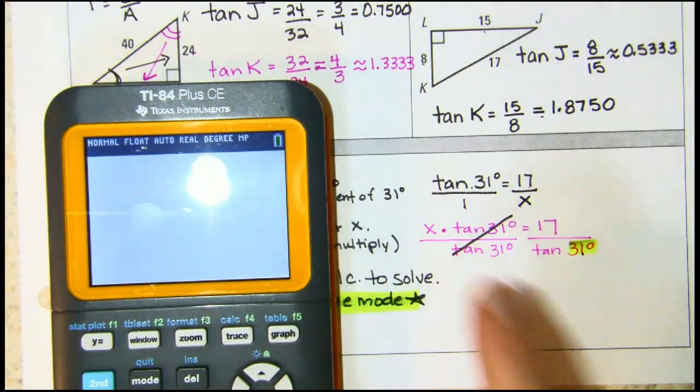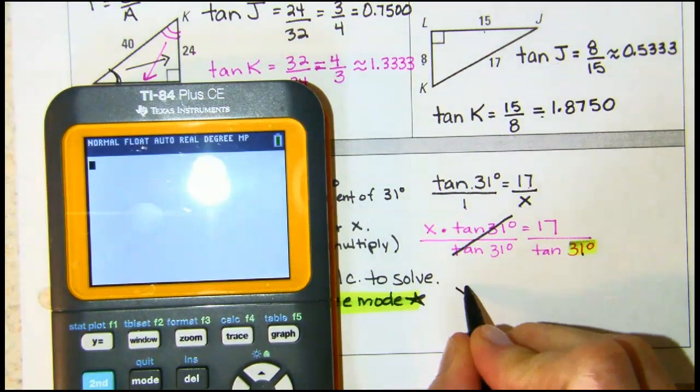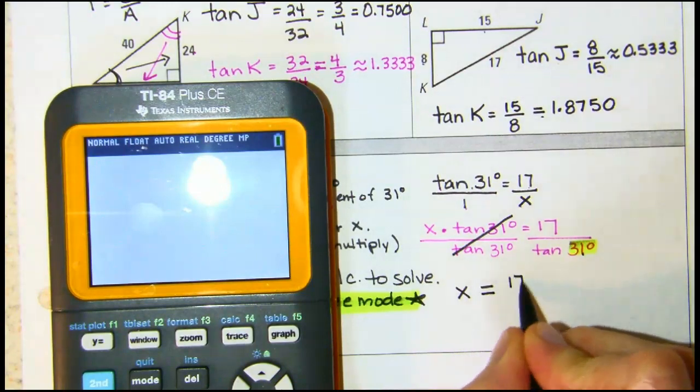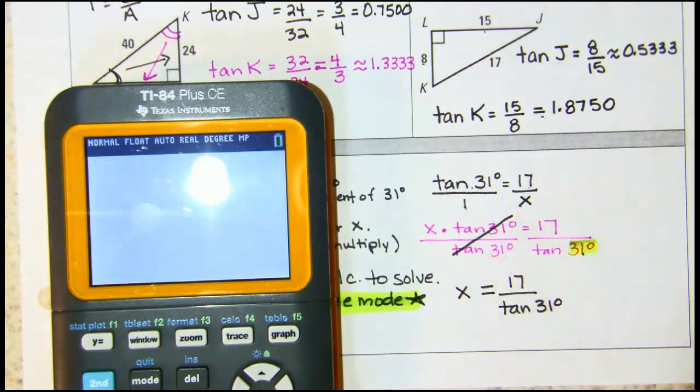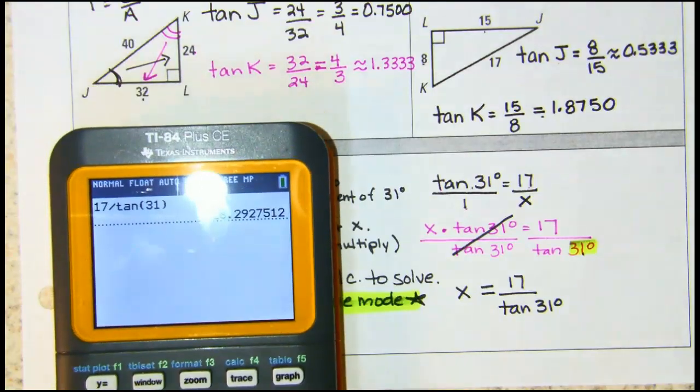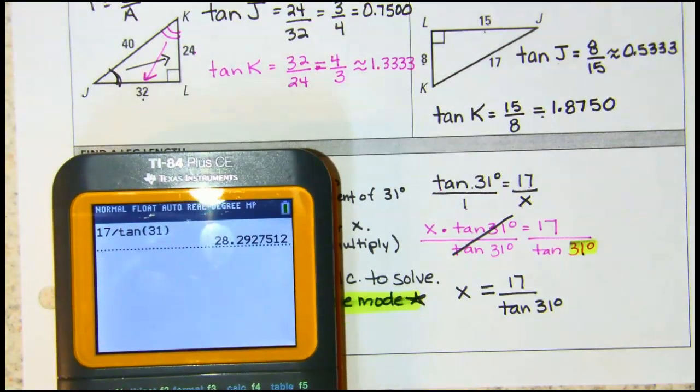So this says x equals 17 divided by tangent 31 degrees. So 17 divided by tangent 31 degrees. Now, that came out to be 28.292. Now, if you recall, it told us to round the legs to the 10th place.